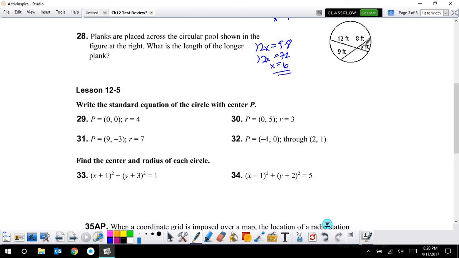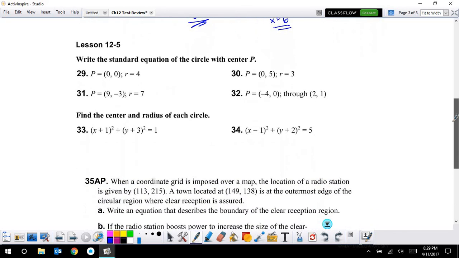Okay. So that means this one chord is 12 plus 6, which is 18 feet long. The other chord is 9 and 8, which is 17 feet long. So the length of the whole chord was 18 feet. X was 6, but the whole chord was 18.